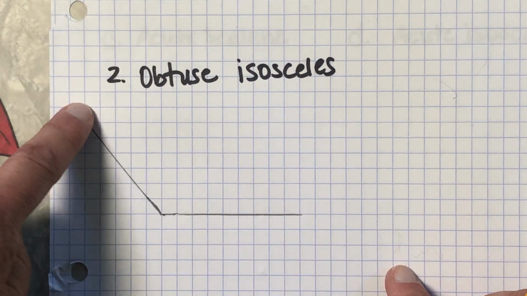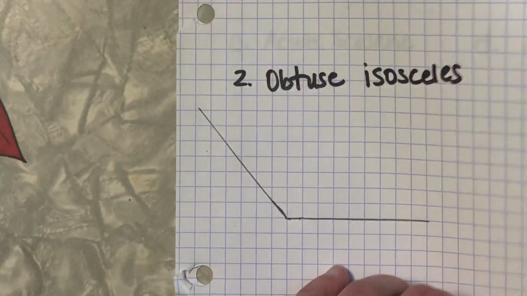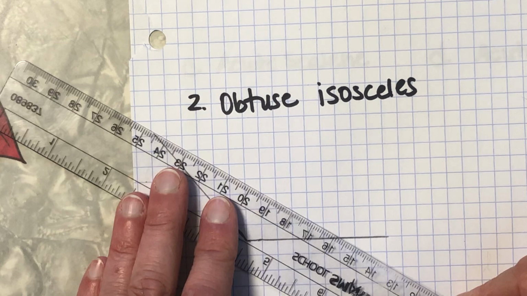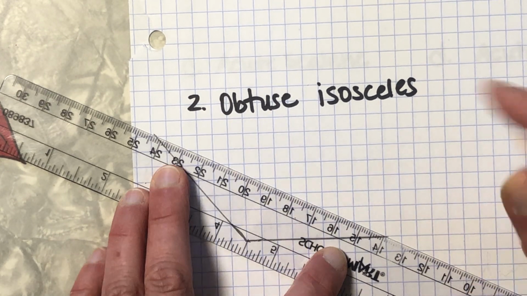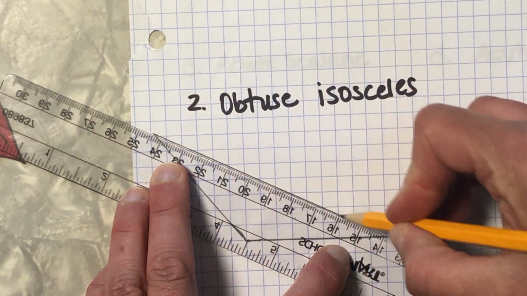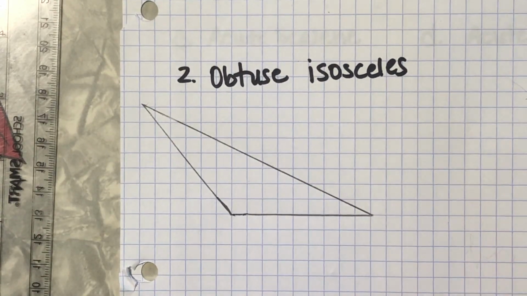Now the last thing I have to do is connect the 2 ends. I can keep using this paper if I want to, or I can grab my straight edge. It doesn't matter. Okay. And I've just created my obtuse isosceles triangle.